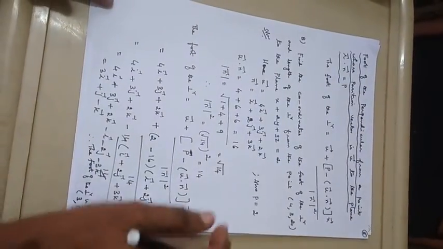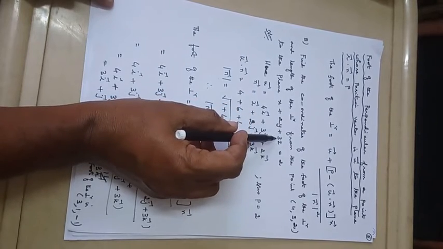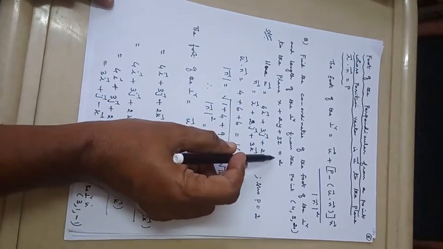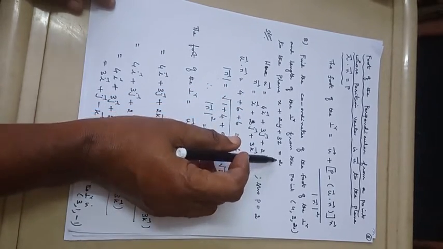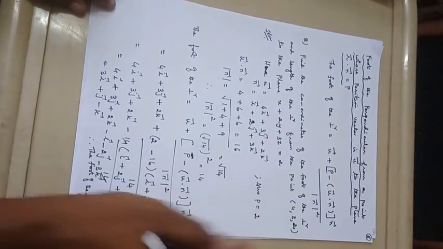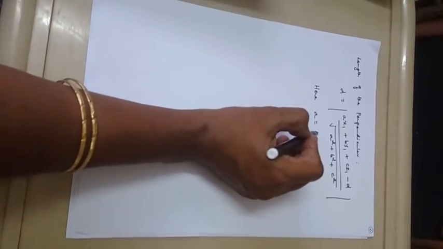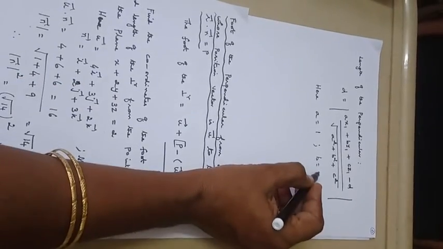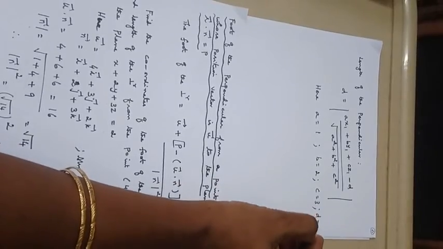From the plane, a is 1, b is 2, c is 3 and d is 2.